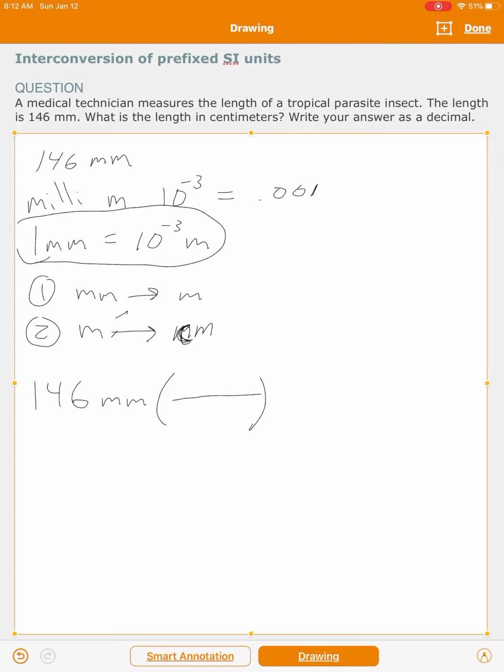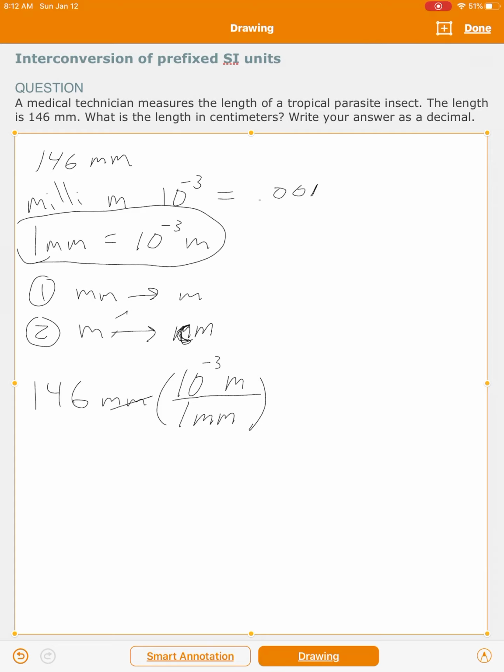I'm going to convert this into meters. So I want to have it in meters. I'm starting with millimeters. So I'm going to put the 10 to the minus 3 meters in the numerator, the top, and then put the millimeters, 1 millimeter, down in the bottom. And again, it's this idea that we're doing dimensional analysis.